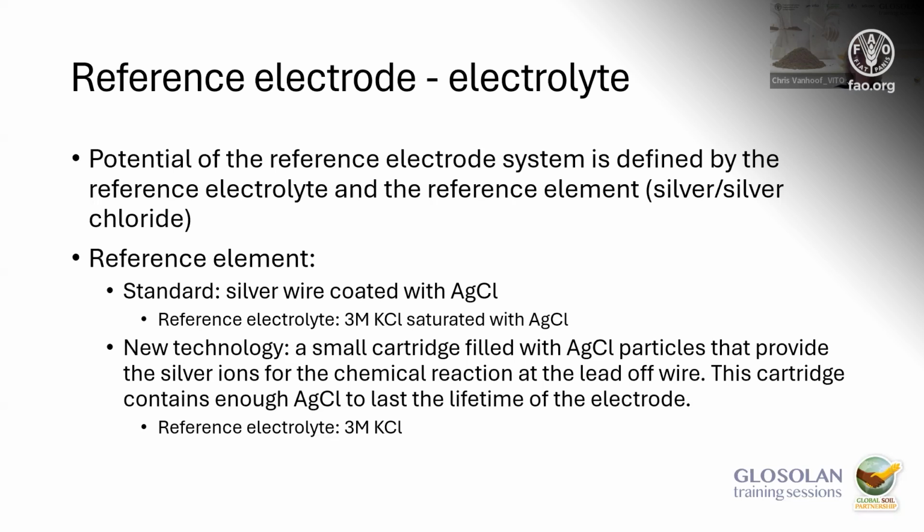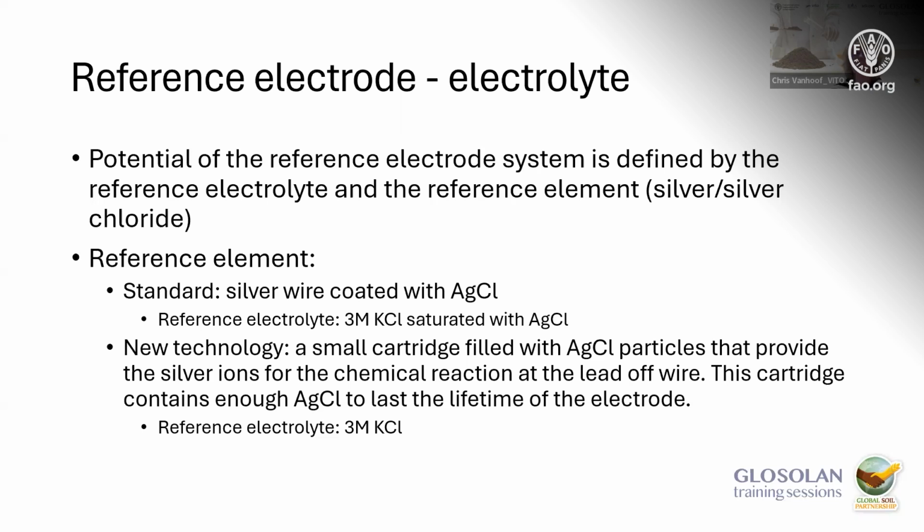And therefore, it's better to use the new technologies that are commonly applied more and more. There, instead of this configuration, they use a small cartridge, which is filled with silver chloride particles. These silver chloride particles can provide the silver ions for the chemical reaction at the silver wire.